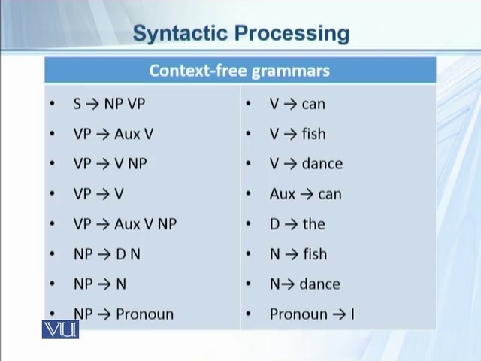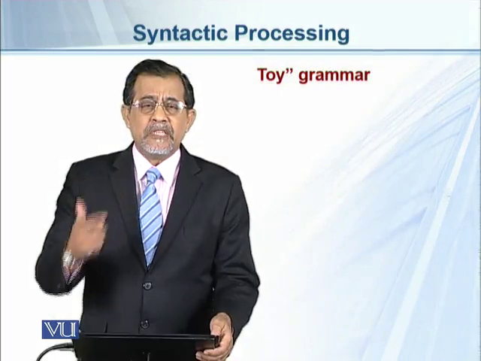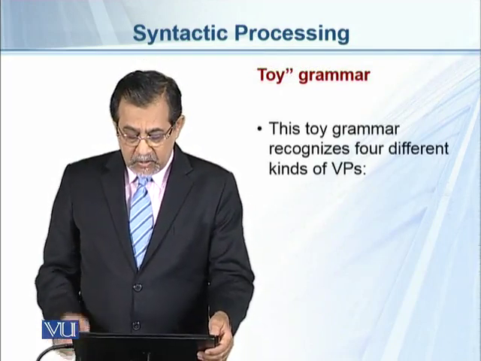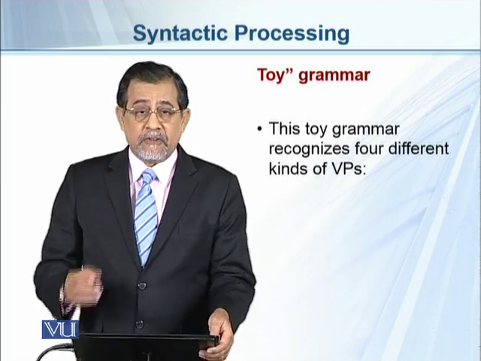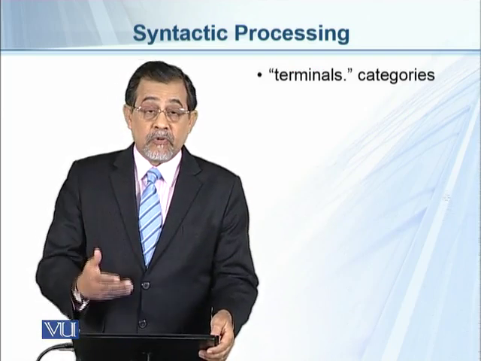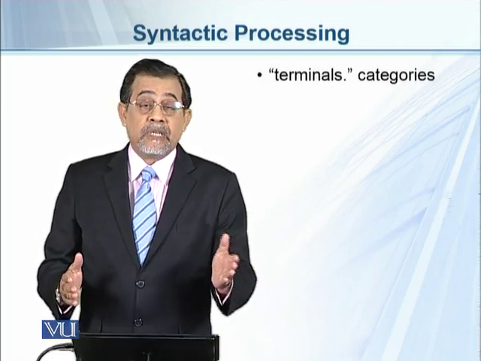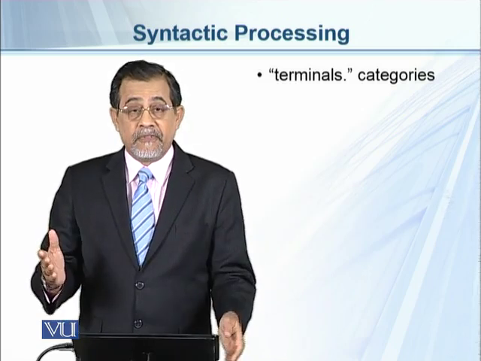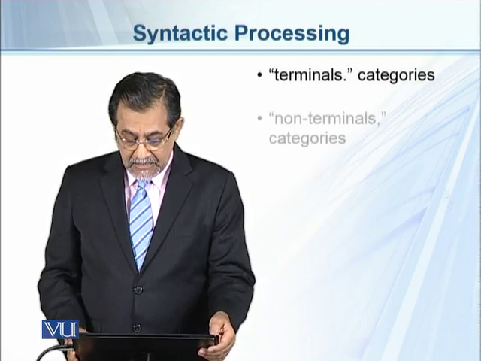The left side of the arrow is also known as non-terminal categories because they can be rewritten, whereas the right side of the arrow is terminal because words cannot be rewritten. They will remain the same. This type of grammar is known as a toy grammar. This toy grammar recognizes four different kinds of verb phrase and three noun phrases, as we have just seen, and the left of the arrows are non-terminal categories and the right of the arrows are terminal categories.